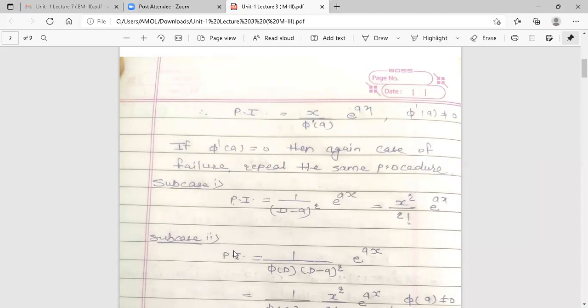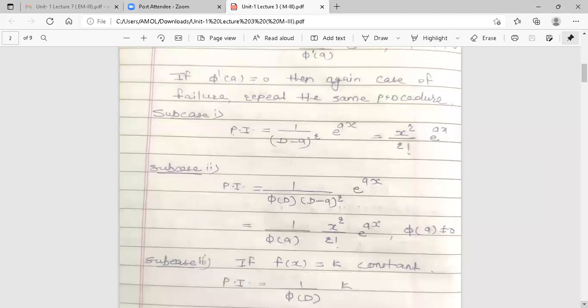Now subcase 2 is if the phi of D is psi of D into D minus a to the power r, and the function is same, exponential function here. Then how to find the PI? The formula is here.